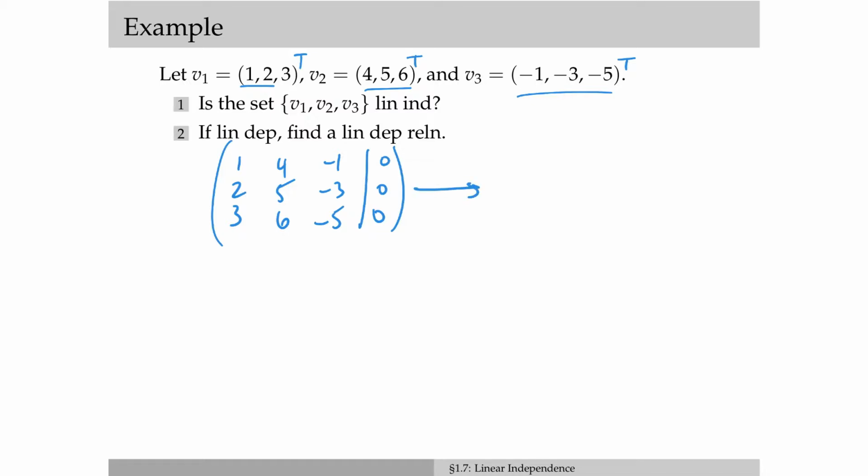So we take this down to its reduced echelon form, which I'm going to do right now on my calculator. I challenge you all to kind of do it by hand. What I end up with is this.